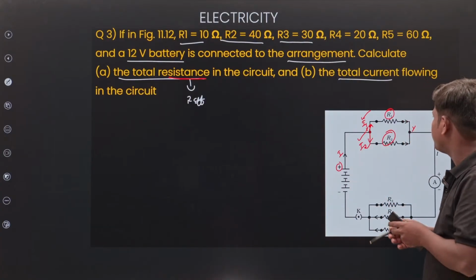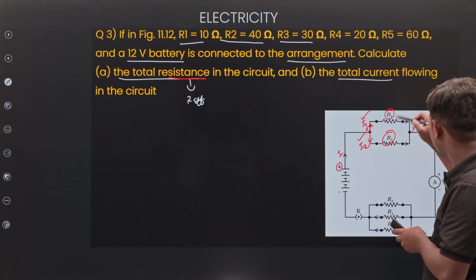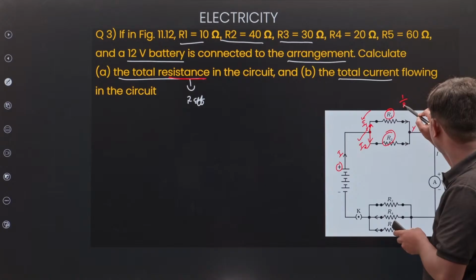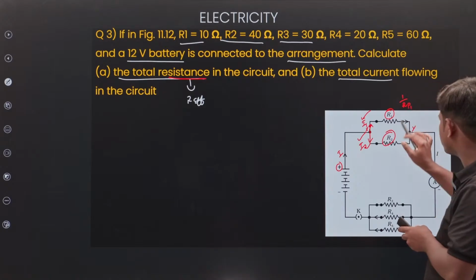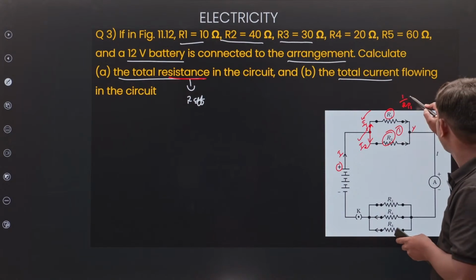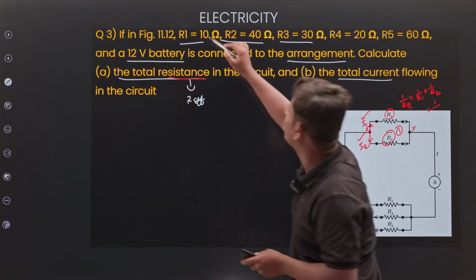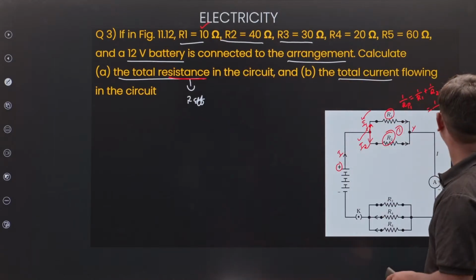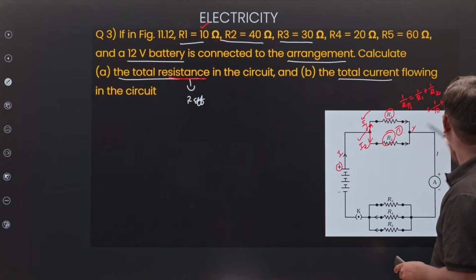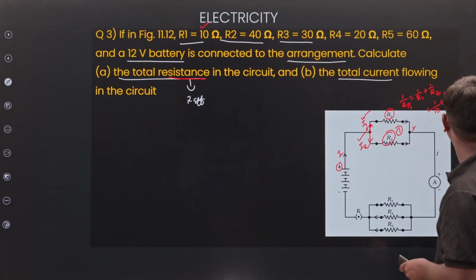See, R1, R2. If you calculate the total resistance here, for the first diagram, 1 by Rp1 is equal to 1 by R1 plus 1 by R2. 1 by R1 value is 1 by 10, plus R2 value 1 by 40.